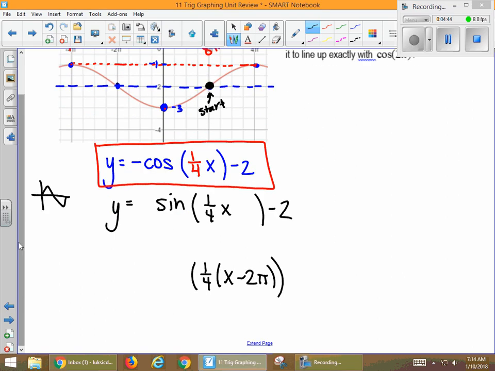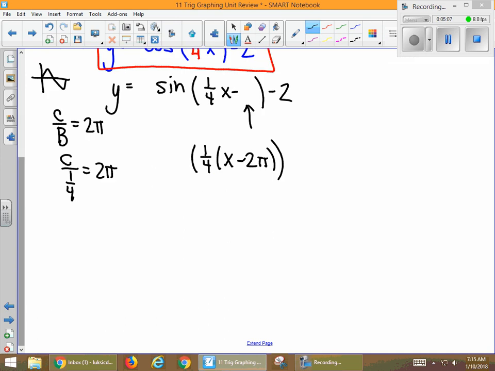If you're not going to do the factored form, if you're going to find your number to plop right in there with no factoring, we know it's going to be a minus because we're starting to the right. And we know b is 1/4. Now be careful here, don't multiply by 4. That wouldn't undo dividing by 1/4.